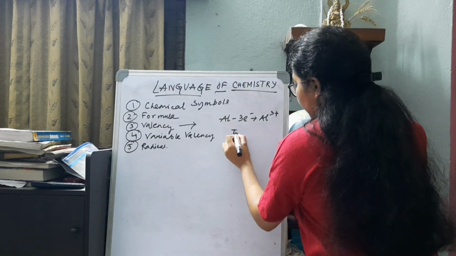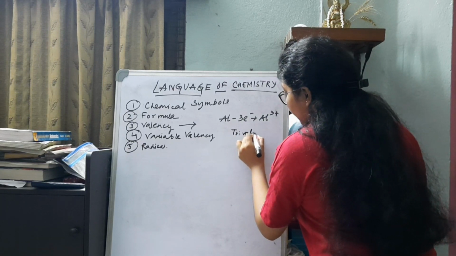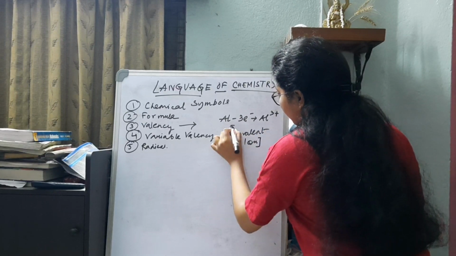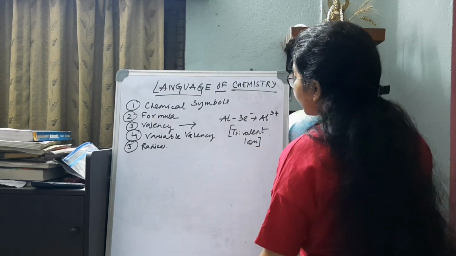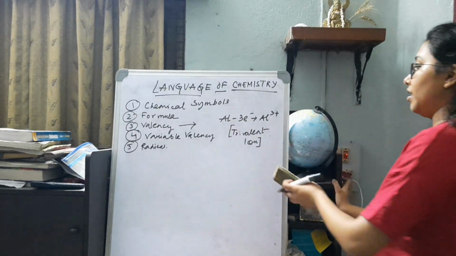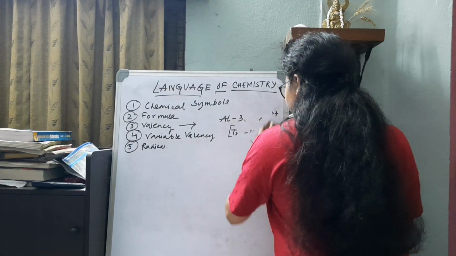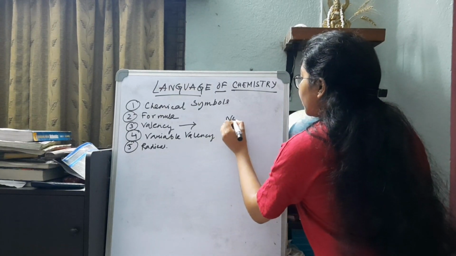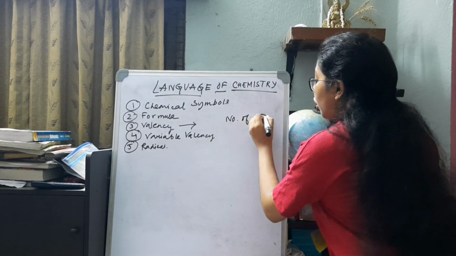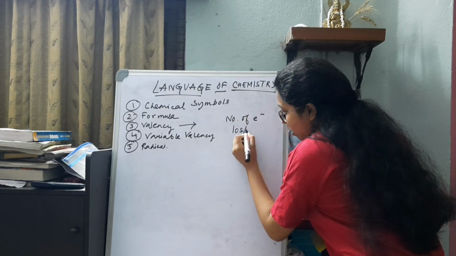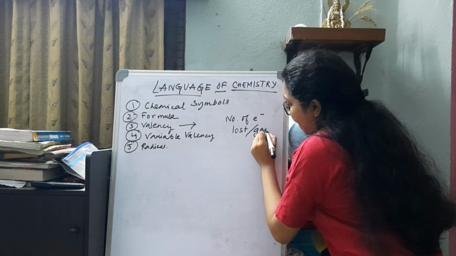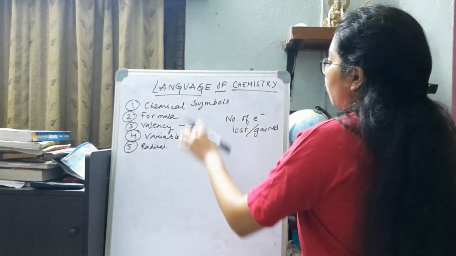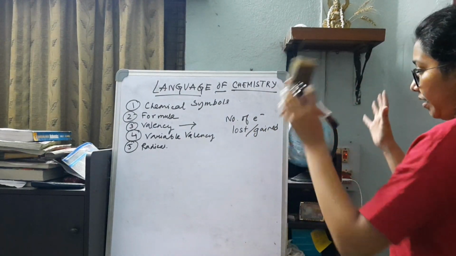So it is known as a trivalent ion because its valency is 3, again based on its electronic configuration. So valency is the number of electrons lost or gained by an atom for the formation of a bond with some other element.